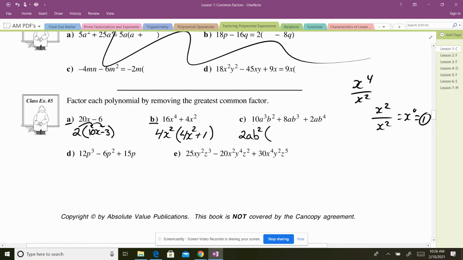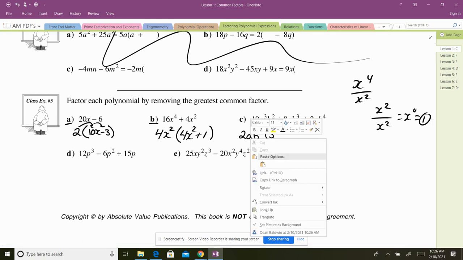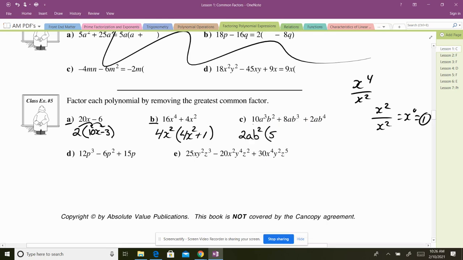All right, now you divide each term by what you took out. 10 divided by 2 is 5. a cubed over a. Essentially took 1 a out. So how many a's do you have left? You have an a squared. b squared over b squared. Right.